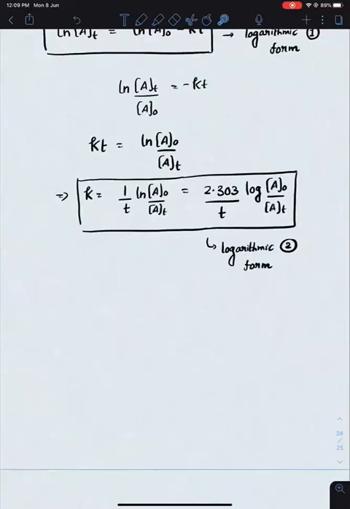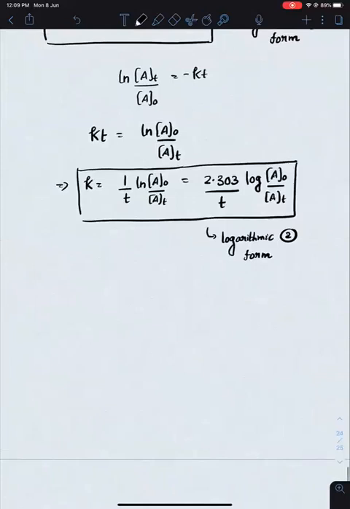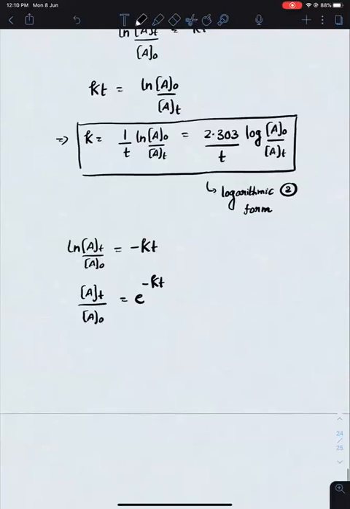Okay, ठीक है. Again एक्सप्रेशन लेते हैं फिर से. ln at upon a naught is equals to minus kt. ये वाला एक्सप्रेशन ऊपर वाला. Can I write this as at upon a naught is equals to e power minus kt? Because ln is base e, right?